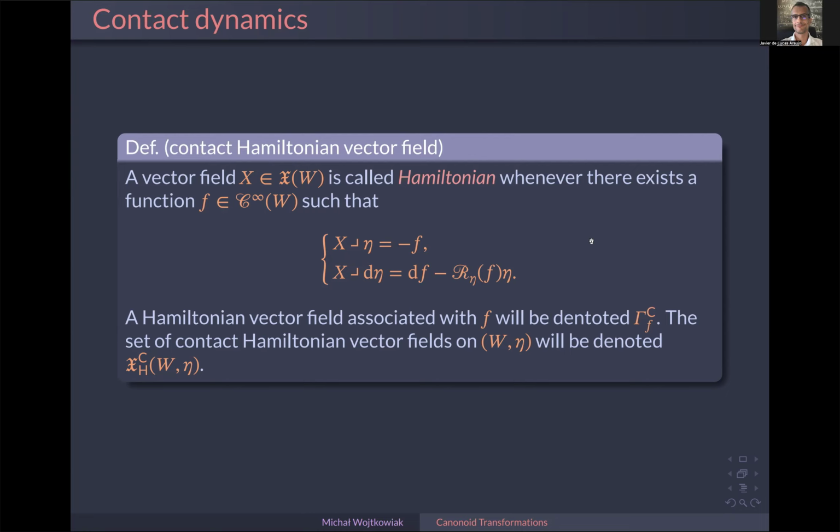Michał, here's one thing. If you require that the vector field leaves the kernel of eta invariant, that the Lie bracket of the vector field X with the kernel will be a vector field of the kernel, yeah? So it amounts to this. It's exactly the same. If you demand this condition, the kernel is invariant.